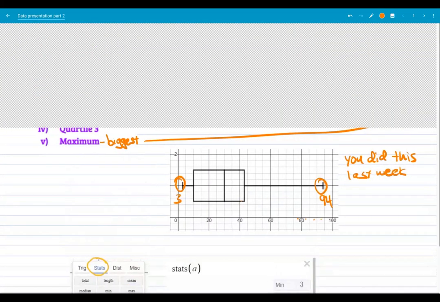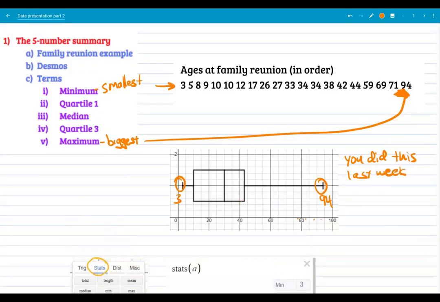So this is how I'm going to try and describe it to you. If you're into sports, it's very easy to think of it like this. The first number is the kickoff, or the start of the game. Quartile 1 is the first quarter, or 25%.